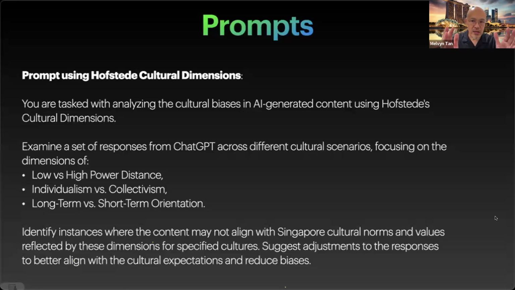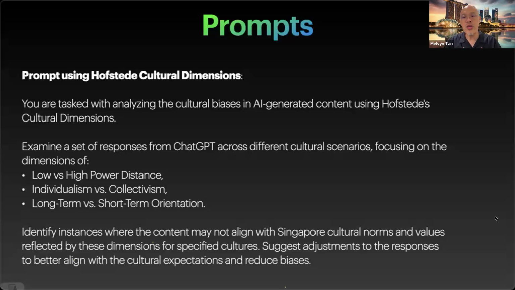So the background to this is that you have an output that comes out from ChatGPT, and you're not quite sure if it is aligned to our Singapore cultural norm or not. So what you want to do is run through a series of checks using this prompt.